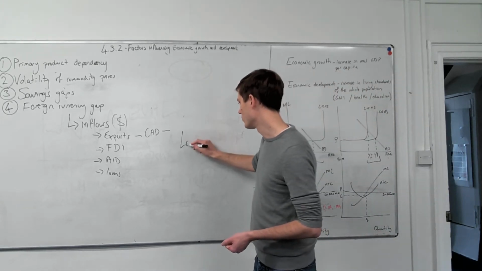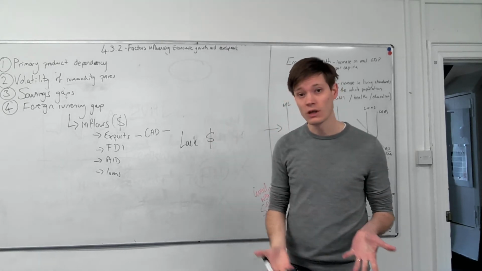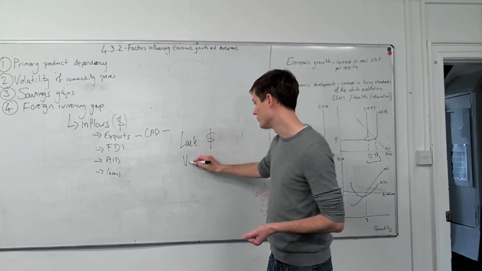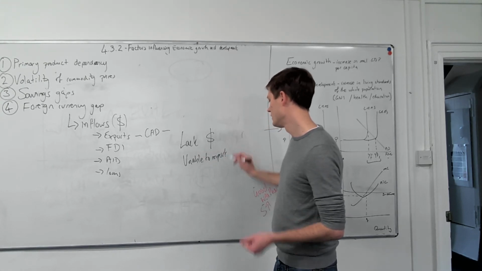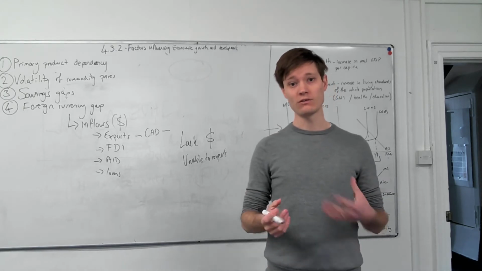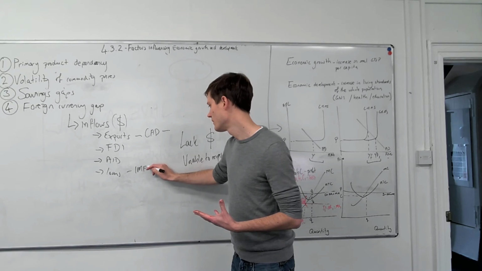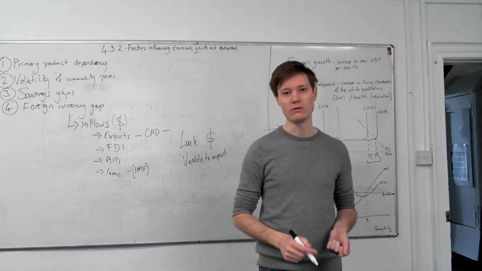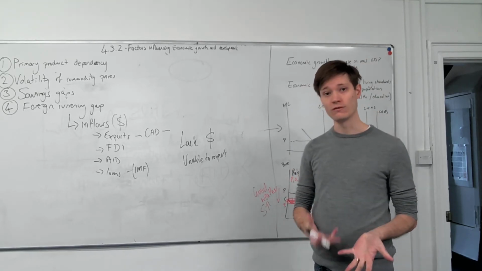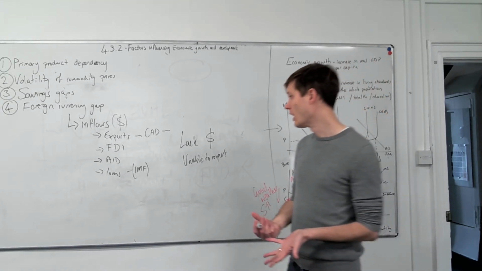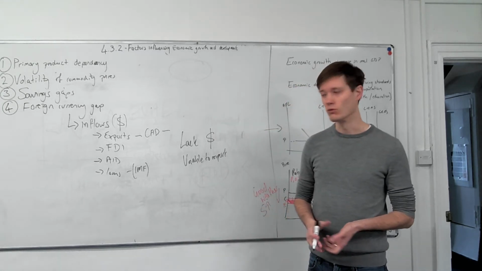So if you lack dollars or any other currency you need, it might be euros, you're therefore unable to import. In these situations, in foreign currency gaps and crises, the IMF, the International Monetary Fund, often comes in and gives emergency loans, and it gives a boost to the country's financial account, which is necessary if you are then to continue to import goods and services.